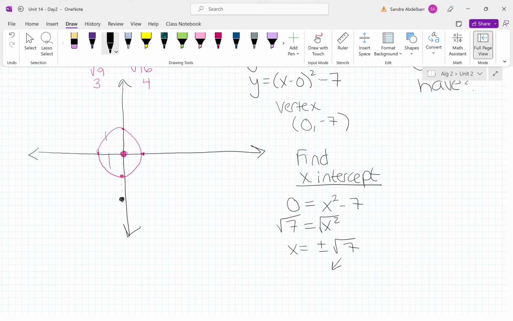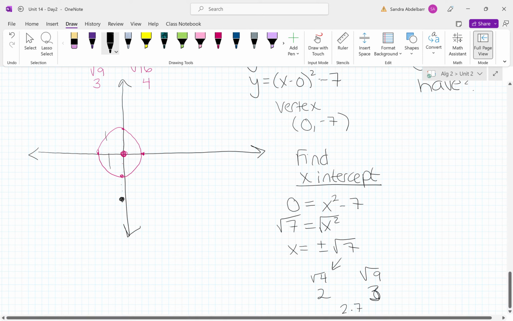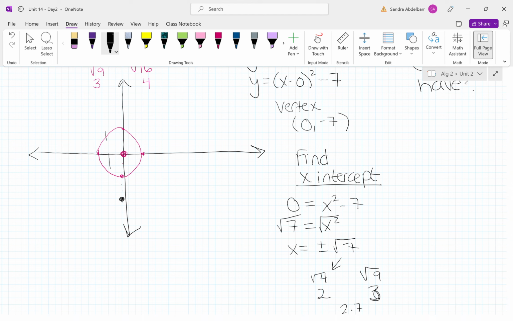So then we are between root 4 and root 9, which is between 2 and 3. 2.7, yeah, 2.8, good. So now we are 0, 1, 2. I'm just doing 2.5.